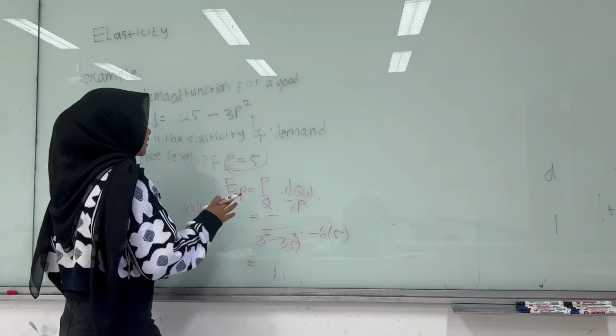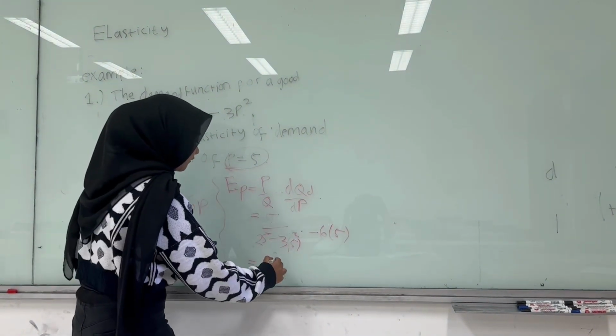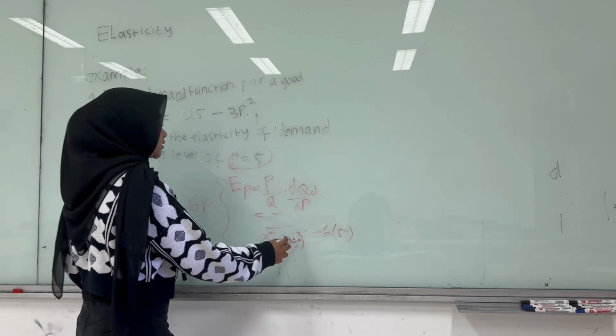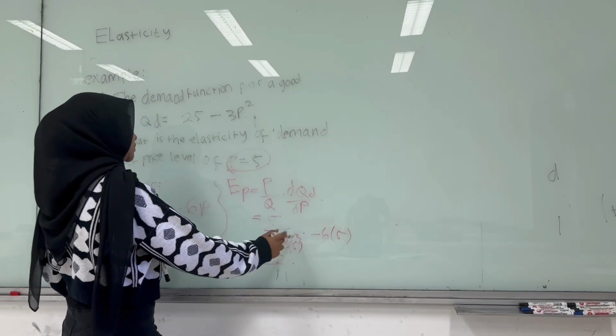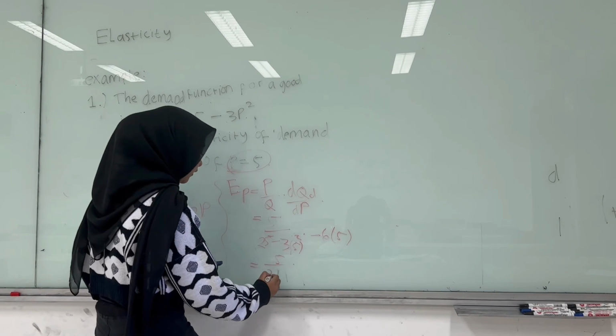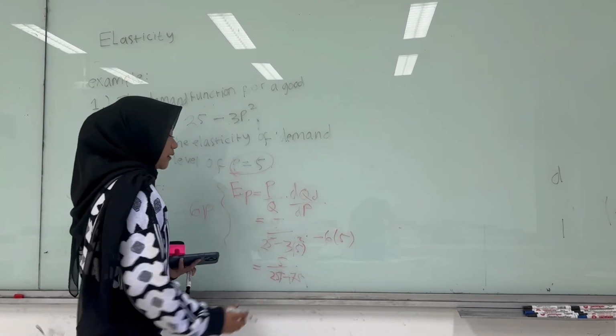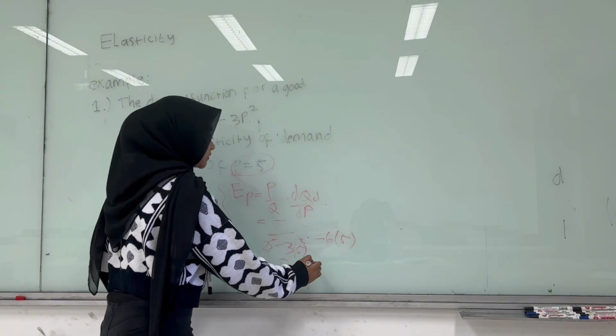Okay, we will solve these equations. 5 per (25 minus 3 times 5 squared, which is 25 minus 75) times minus 30.